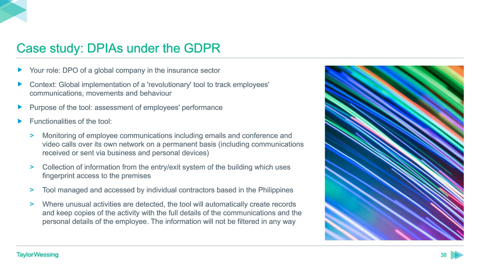The tool is managed and accessed by individual contractors, speaking to the outsourced and offshored world, based in the Philippines. Where unusual activities are detected, the tool will automatically create records and keep copies of the activity with the full details of the communications and the personal details of the employee. The information in that case will not be filtered in any way.